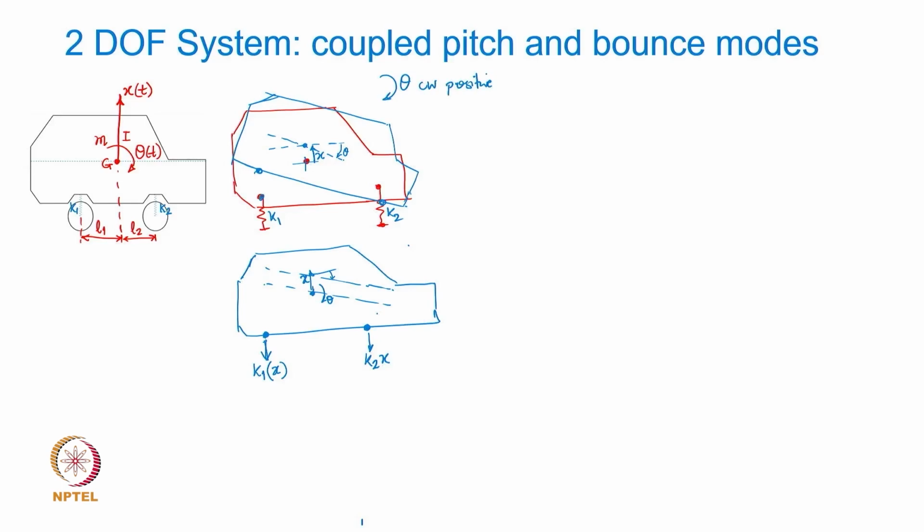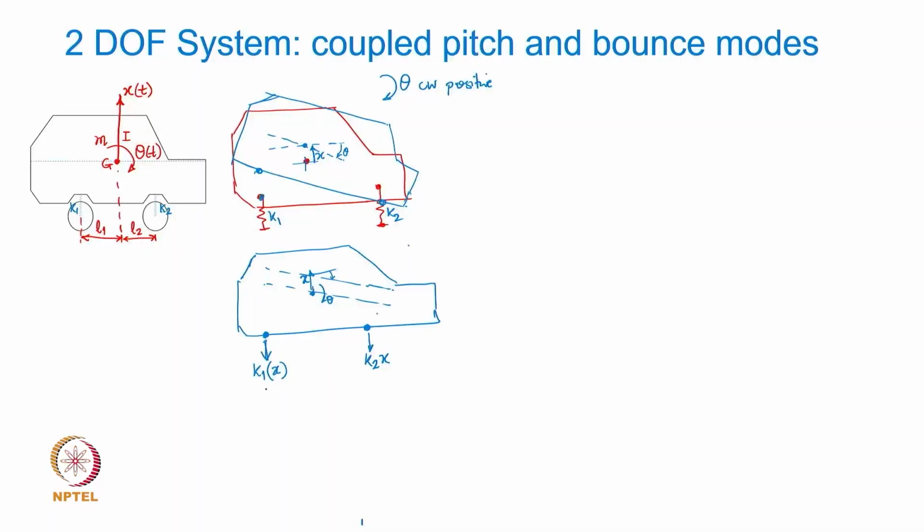You can take theta counterclockwise positive as well. It makes more sense that way, but it's okay. K1x is the pulling force because of the stretch, because of x only, but theta is going to add to that stretch. By how much will it add?